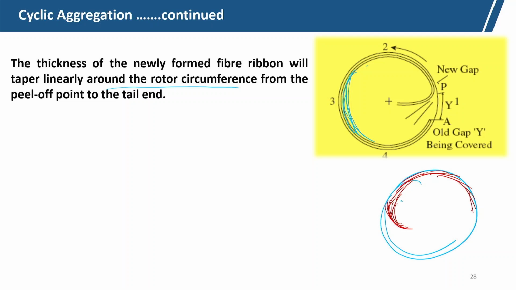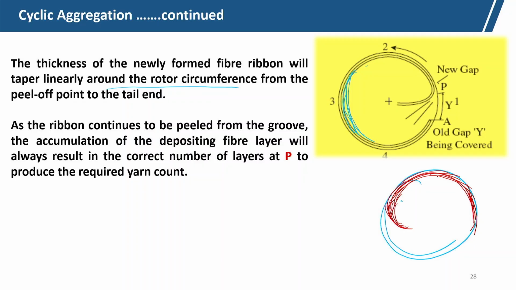There will be fewer and fewer fibers as we go towards the tail end of the ribbon. That is why it is tapered. As the ribbon continues to be peeled off from the groove, the accumulation of deposited fiber layers will always result in the correct number of fibers at the peel off point P to produce the required yarn count. That is due to cyclic aggregation, there will always be the required number of fibers ultimately at the peel off point.